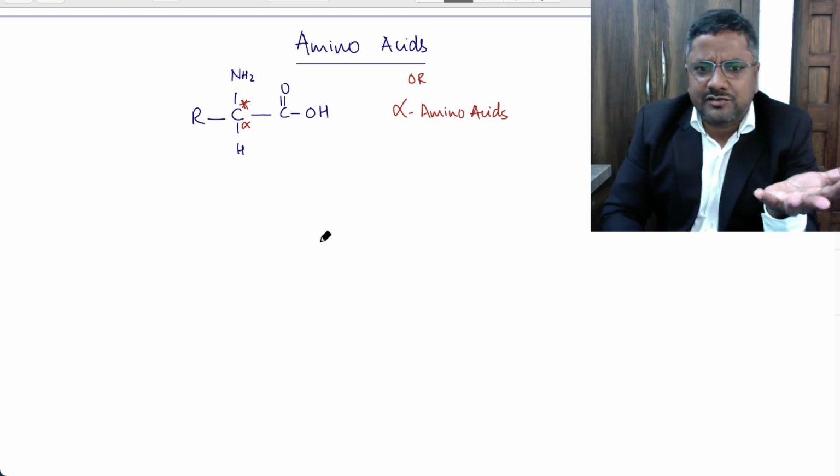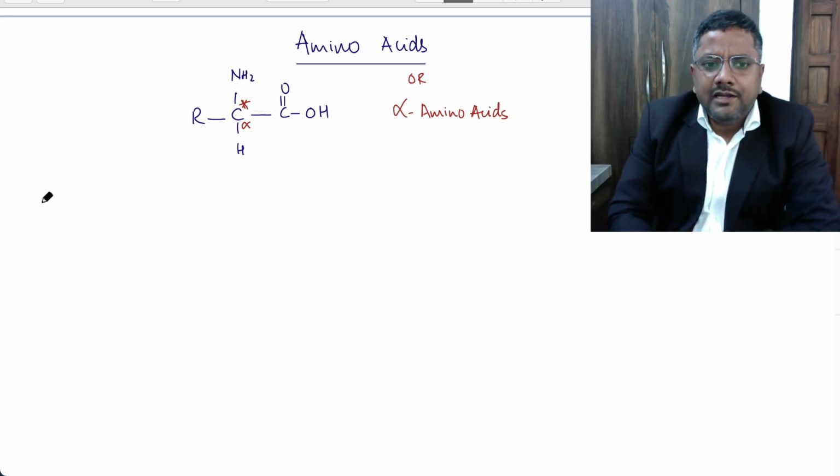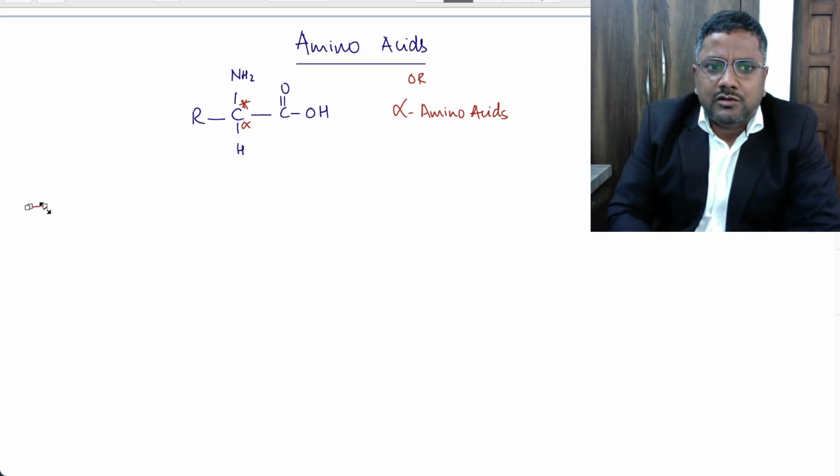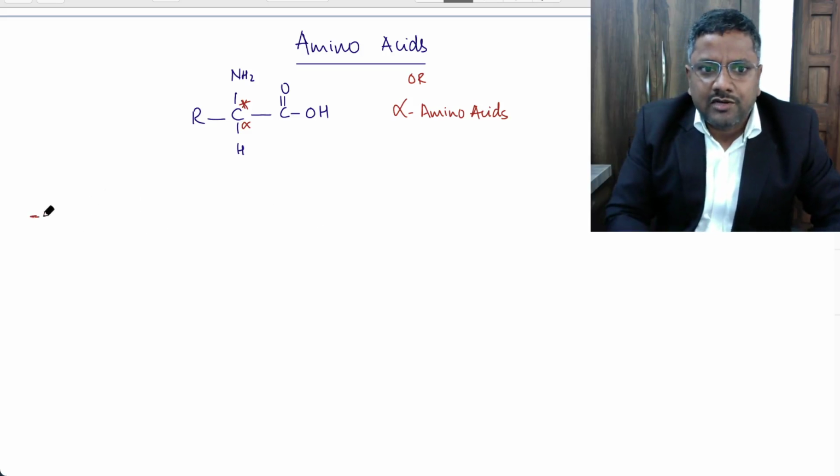So this is very important chemistry here. As chemists, we are observing all these things, right? There are 20 amino acids known, and all these amino acids are important for humans.